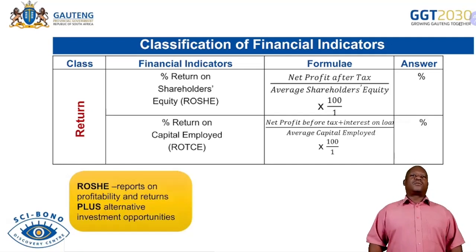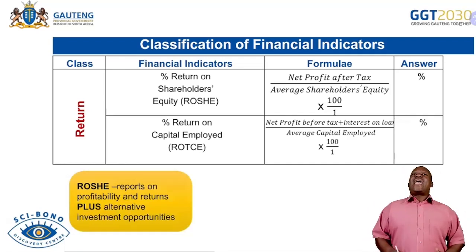Definitely no. And then we move on to the return on capital employed. When we talk of capital employed, we are saying capital that the shareholders invested into the business, as well as borrowed capital.